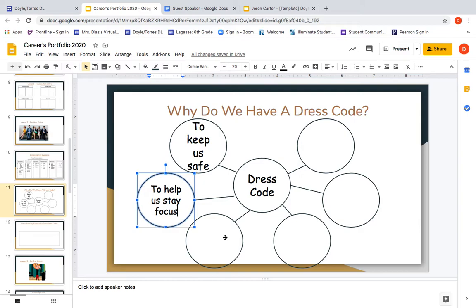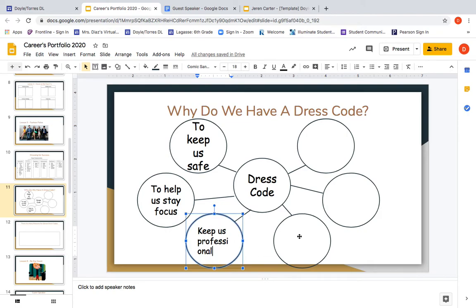Okay. Having a dress code also keeps us professional, right? So, in other words, we don't wear our bathing suit to school, or our trunks or our pajamas, right?